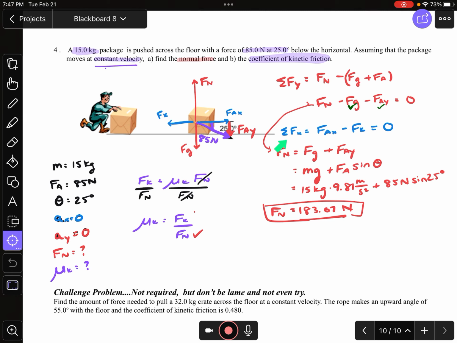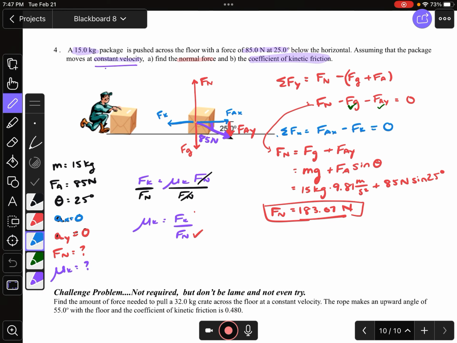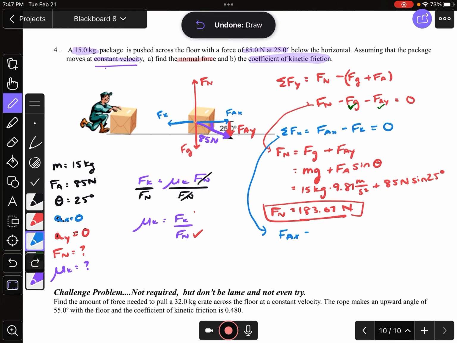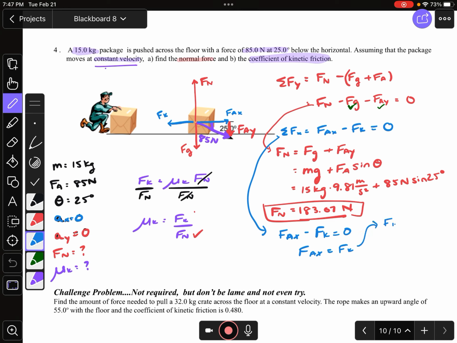But to find Fk, I'm going to have to use the x equation to solve for Fk. The good thing is that I can find Fk because I know Fax and this equation is equal to 0. So let's do the work to find that. I have Fax minus Fk is equal to 0. So if I just add Fk on both sides, I have Fax is equal to Fk. And I can easily rewrite this as Fk is equal to Fax.